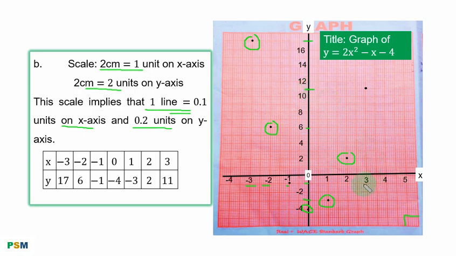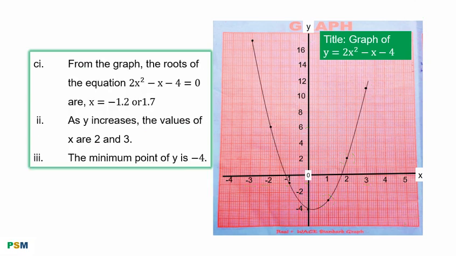So this is 3 for s, 11 for y. You have the point of intersection. Next is to join the points together. Here, all the points are joined together.